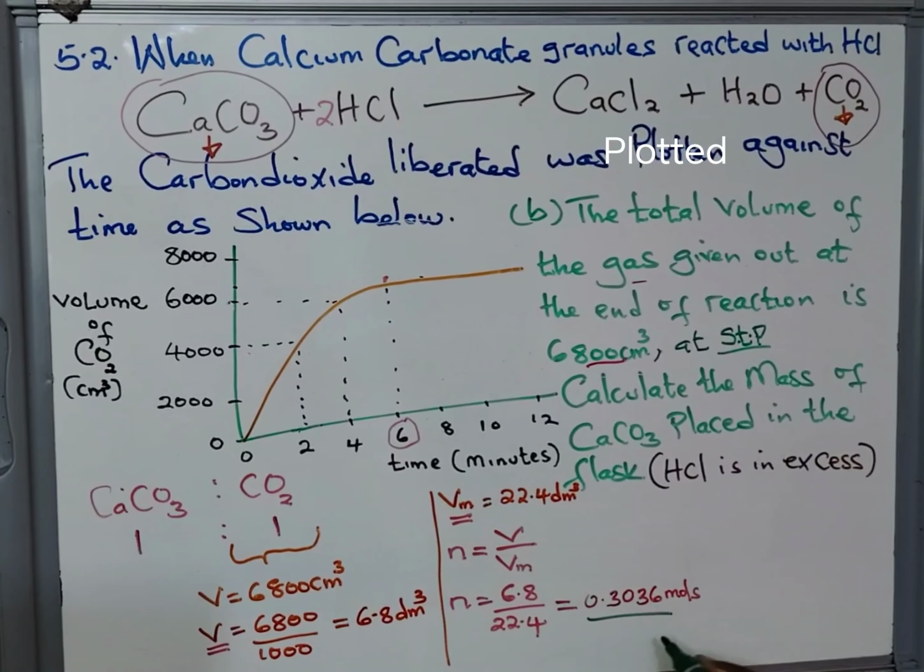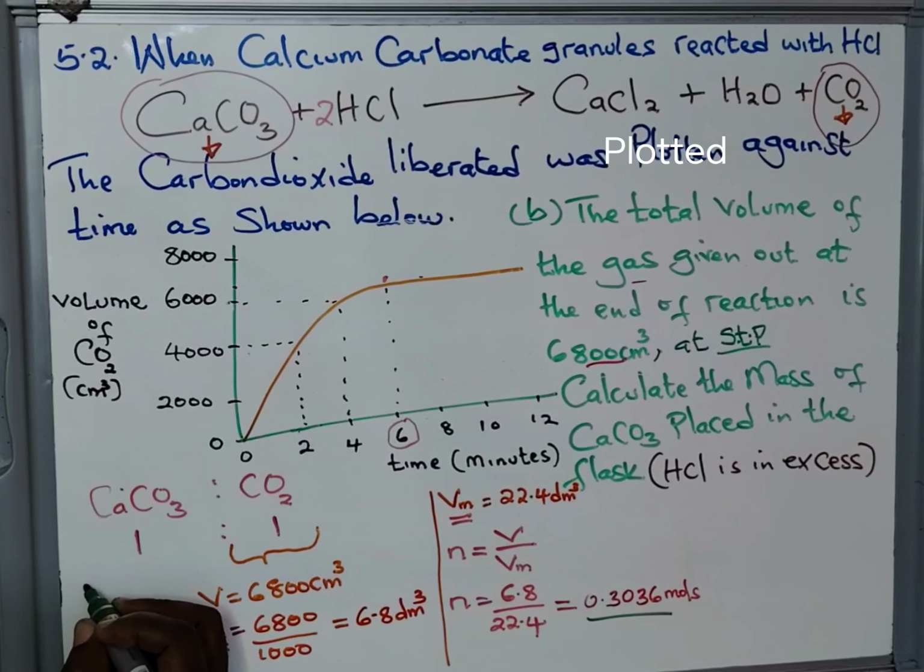and it is 0.3036 moles. After getting that, you have to remember that the mole ratio is 1:1. So if the number of moles of carbon dioxide is 0.3036, what's the number of moles of calcium carbonate?